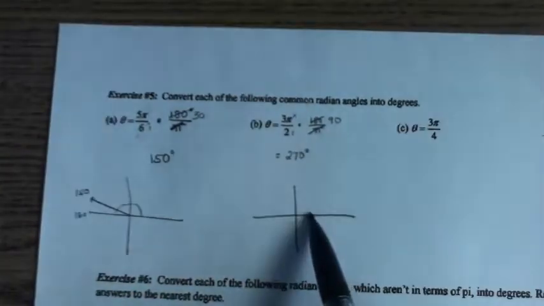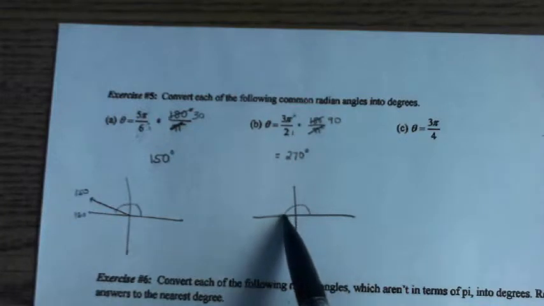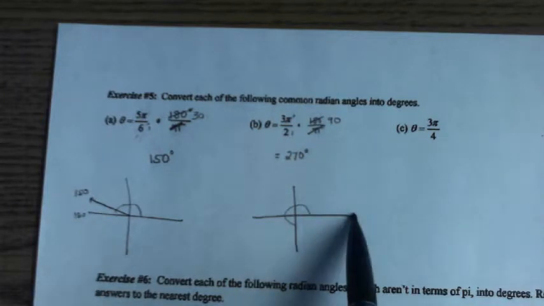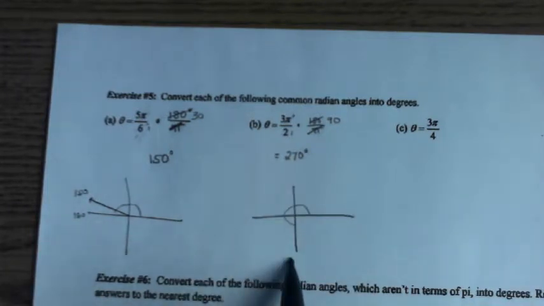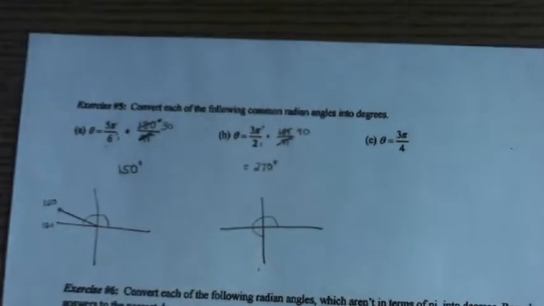So if you were opening up, there's 1 pi, and another half of a pi, that would be right there, yes? And we all should be able to agree that that's 270 degrees. 0, 90, 180, 270. So it does make sense.